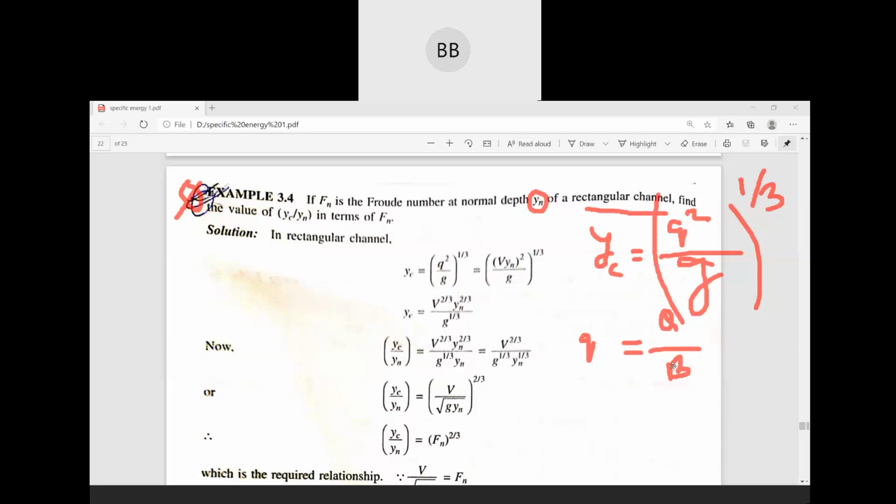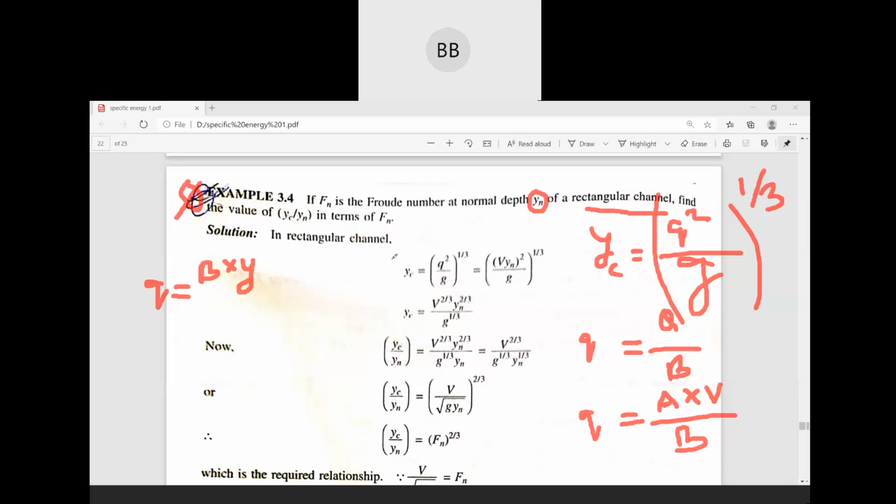In place of discharge, we can write area into velocity, divided by the width of the channel. As it is a rectangular channel, the area expression will be the width of the channel multiplied by the depth of flow.